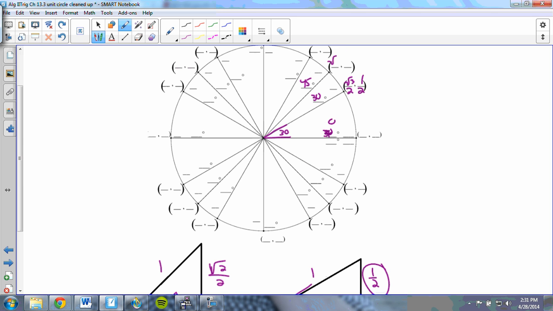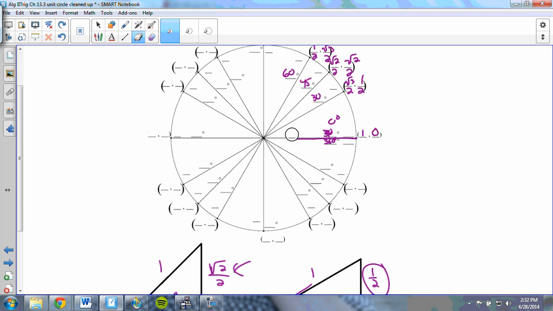It has root 2 over 2, comma root 2 over 2, coming from these values down here with this triangle. And this 60 degree triangle has a 1/2 for the x and a root 3 over 2 for the y. Since all these radii are 1, the radius of this circle is 1, this point out here is the point 1, 0, and that's at 0 degrees, which is the same as 360 degrees.